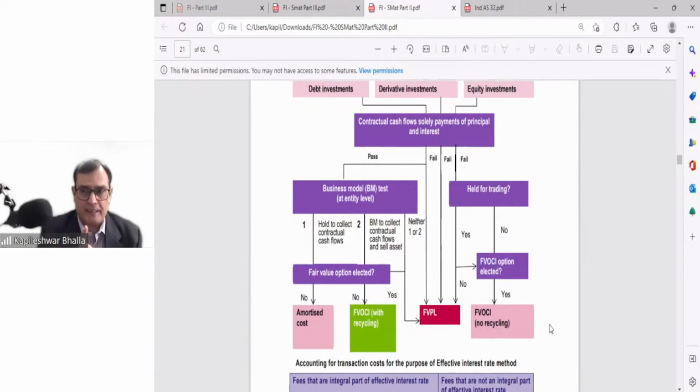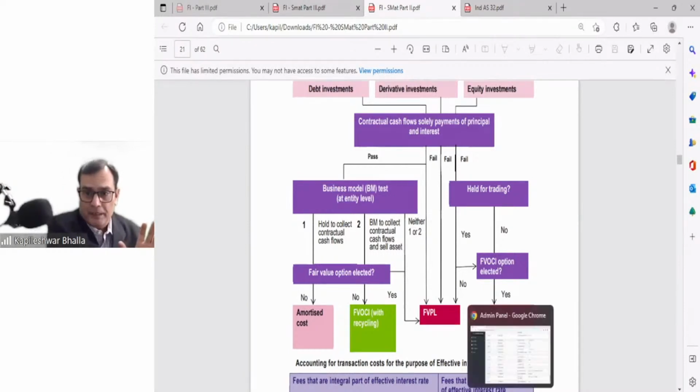If you've selected an FVTOCI option, you can use OCI with no recycling, or you can take FVTPL. You got a pure choice. This is not a conditional choice, but a free choice available to the company, whether they want to take the investments in equity measured at FVTPL, or at FVTOCI, if it is supposed to be a long-term investment which is not held for trading.